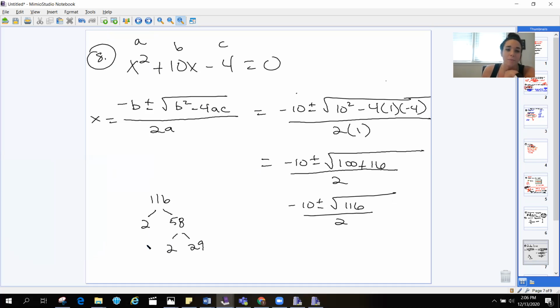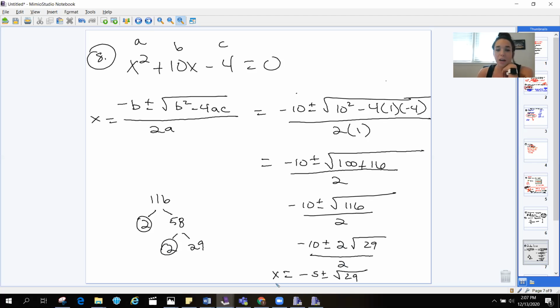So I know that I'm going to have two twos, and I'm going to pull out one of them. So this will be -10 plus or minus 2 root 29, divided by 2. Remember how I said earlier, you can only divide if everything on the outside is divisible by what's in the denominator. If I take -10 and divide it by 2, I get -5. 2 divided by 2 is 1, and then we leave the 29 underneath the radical. So this would have an answer of -5 plus or minus the square root of 29.